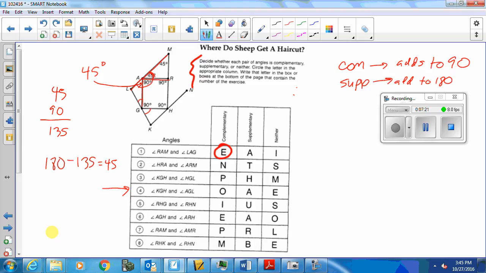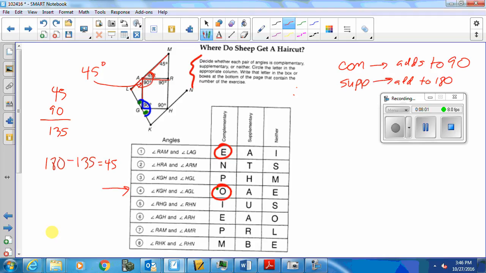However, we do know that this angle plus this angle plus this angle form a straight angle, which means they are supplementary, they add up to 180. So if this part in here is 90, that means that this angle here and this angle here have to add up to 90. So those two angles must be complementary.